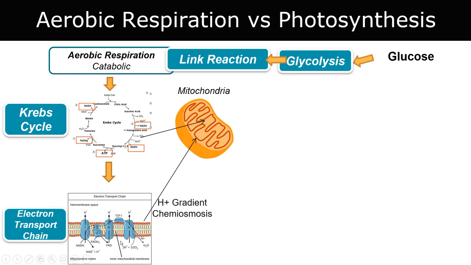The main point is the creation of a proton gradient, and you use the power of chemiosmosis to power ATP synthase to make a ton of ATP. Just a reminder that in the electron transport chain, oxygen is the final electron acceptor from complex 4, which creates that water byproduct. So that's what we covered last time in respiration.